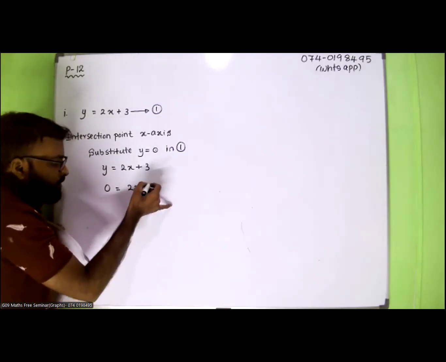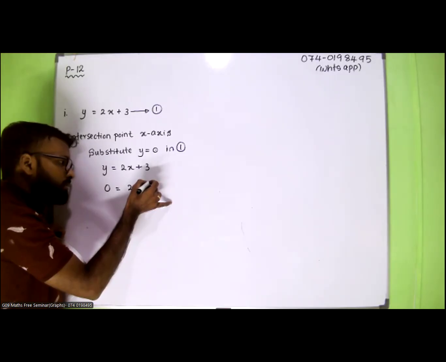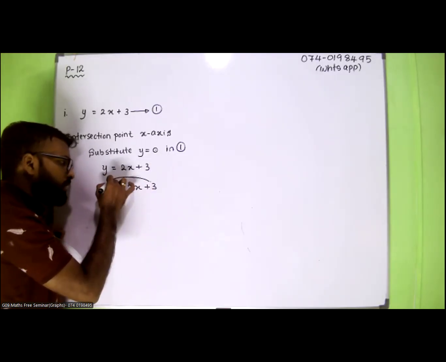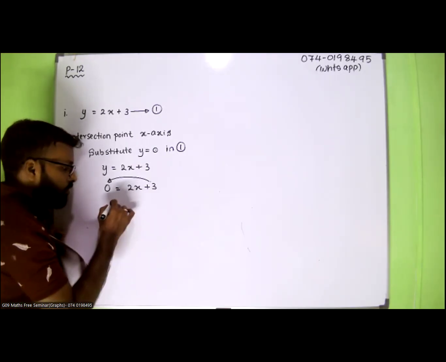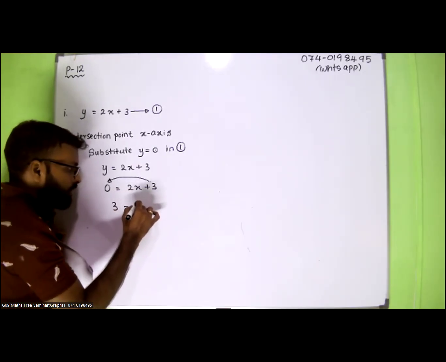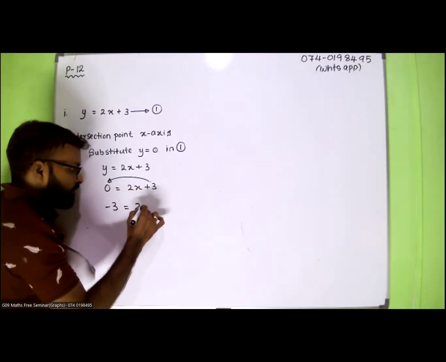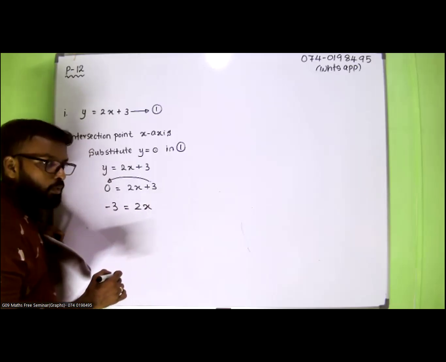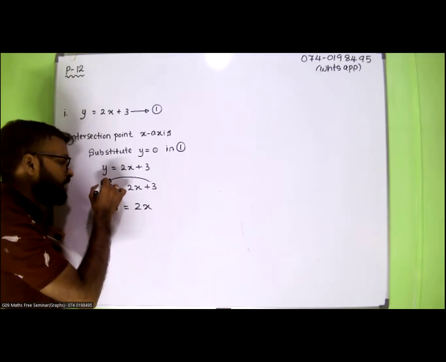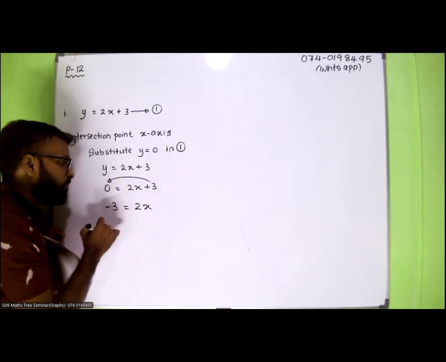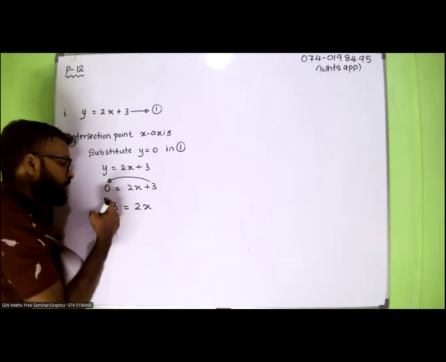Now, if you take this positive 3 to this side, it becomes negative 3. So you can write negative 3 equals 2x. Positive 3 goes to the other side of the equal mark as minus 3.